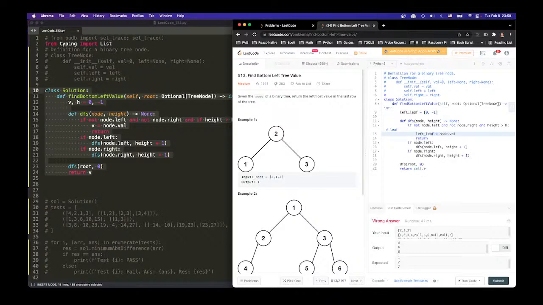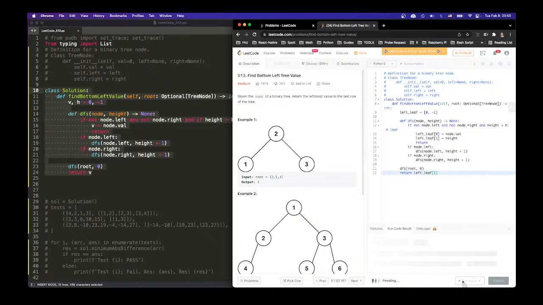Left leaf 0 equals this. Left leaf 1 shall equal height. Then return. And we're going to return left leaf 1. Of course H is not right, because this has to be left leaf 1.